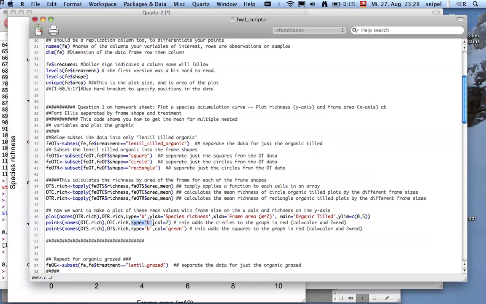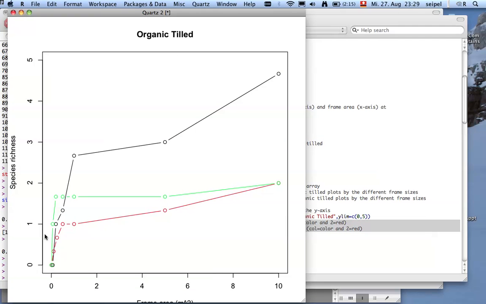If you use type P, it will just be points. And I colored here, and you can see there are two ways of adding colors. You can say color based on a number, or you can say color green like this. So I'm going to add these two to the graphic, and you can see I plotted my species accumulation curves for organic tilled.